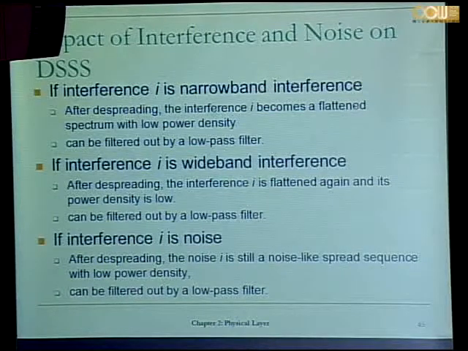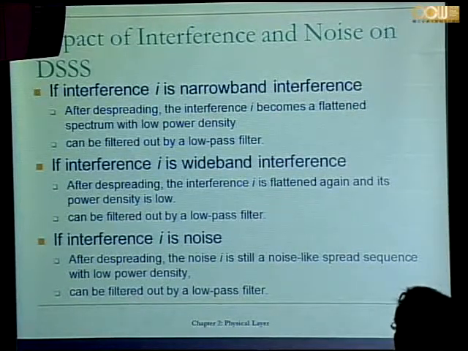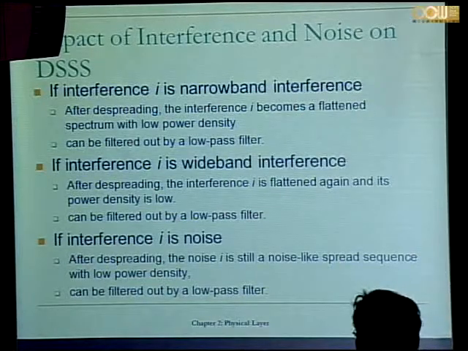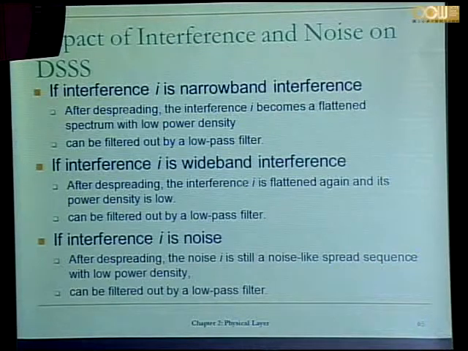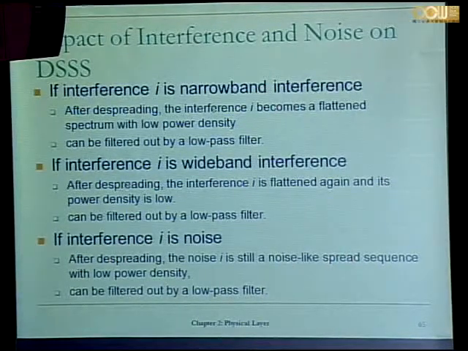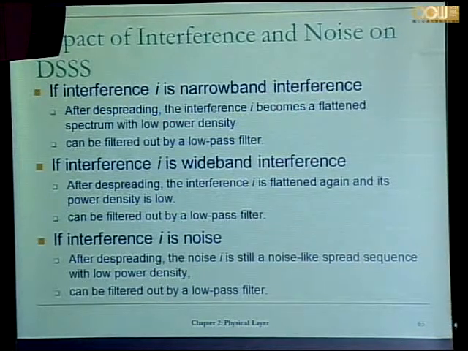So this is the impact of interference and noise on direct sequence spread spectrum. It says that if the interference is narrow band, very narrow band, then after the spreading, the interference will become flattened with a quite low power density, and could be filtered out by a low pass filter.